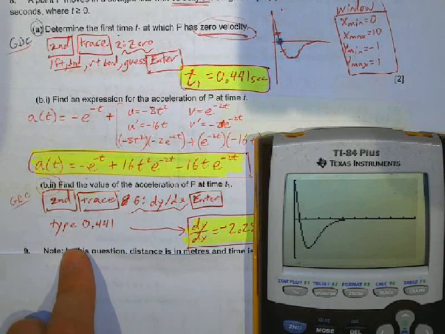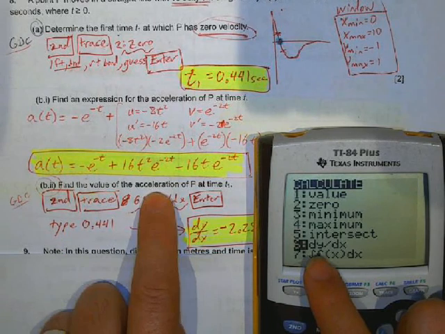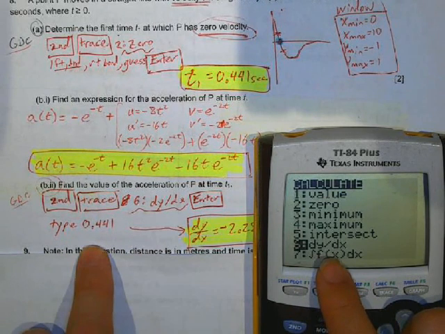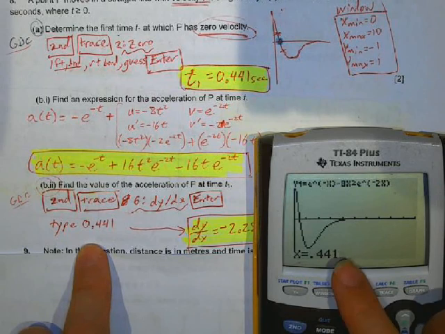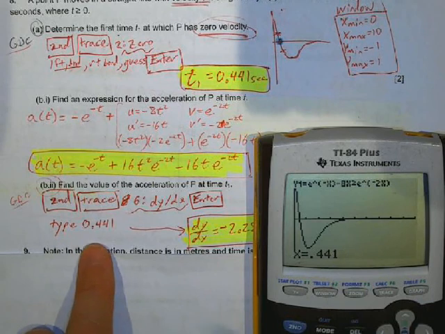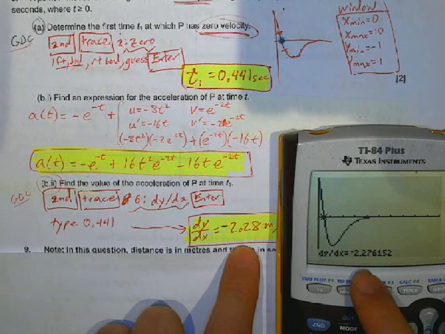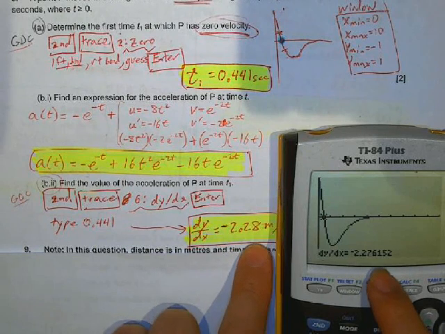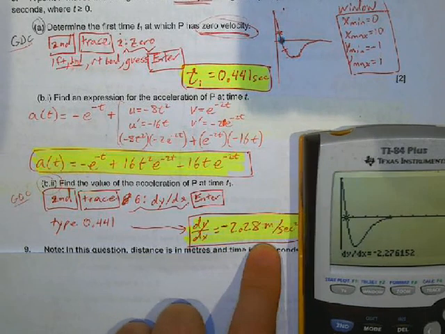So I'm going to hit second trace, go down to 6, do d/dx, and now I'm going to type in 0.441, and this is going to give me the derivative at that point, and the derivative at that point gives me negative 2.276, which rounds to negative 2.28 meters per second squared.